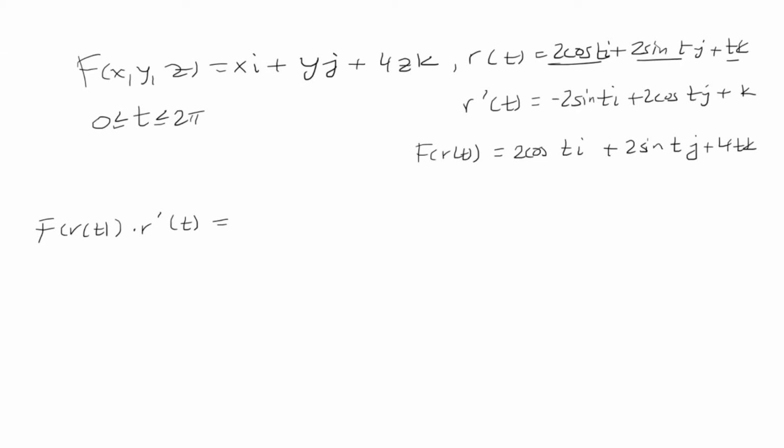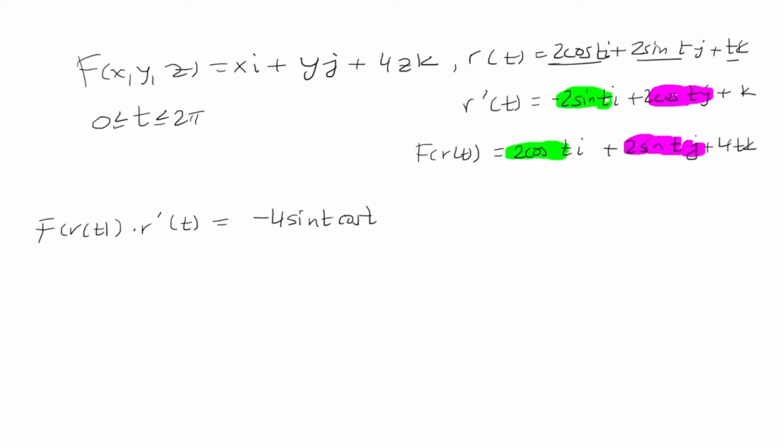So first let's multiply the x's. So negative 2 sine t times 2 cosine t. That's negative 4 sine t cosine t. And next we're going to move to 2 cosine t times 2 sine t.